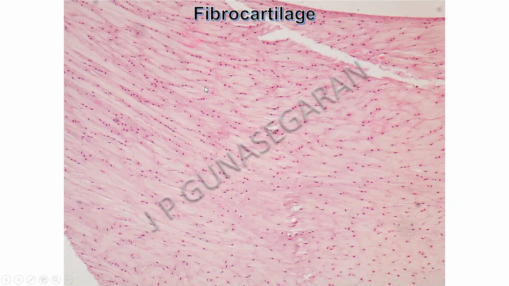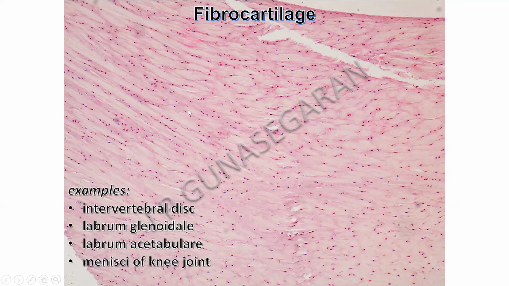This is a fibrocartilage under low magnification. The fibrocartilage is characterized by the presence of dense bundles of collagen fibers oriented in the direction of the functional stress. Fibrocartilage is also limited in distribution and is seen in intervertebral disc, labrum glenoidale, labrum acetabulare, and menisci of knee joint.